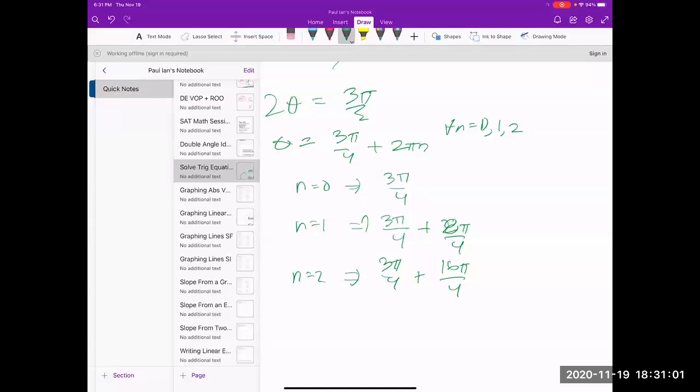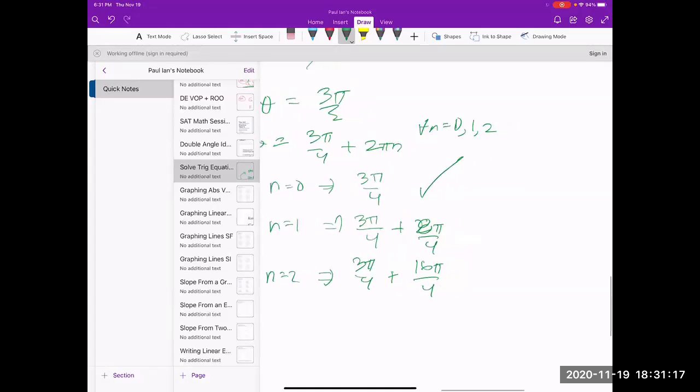I don't know. Is this what you did? Because I'm looking at this, you're adding 2 pi, but you got only 7 pi over 4. You got this first one. And then the second one is when you add 2 pi to it, which is going to be 11 pi over 4.